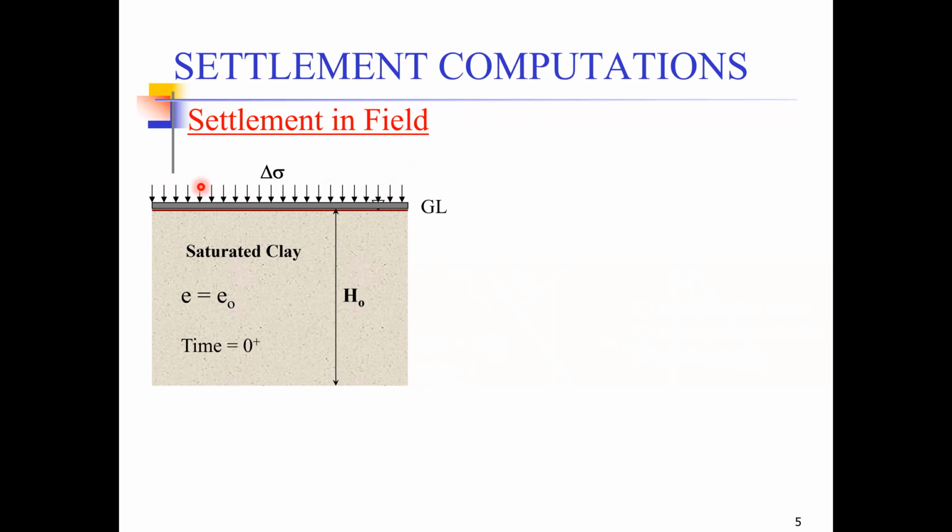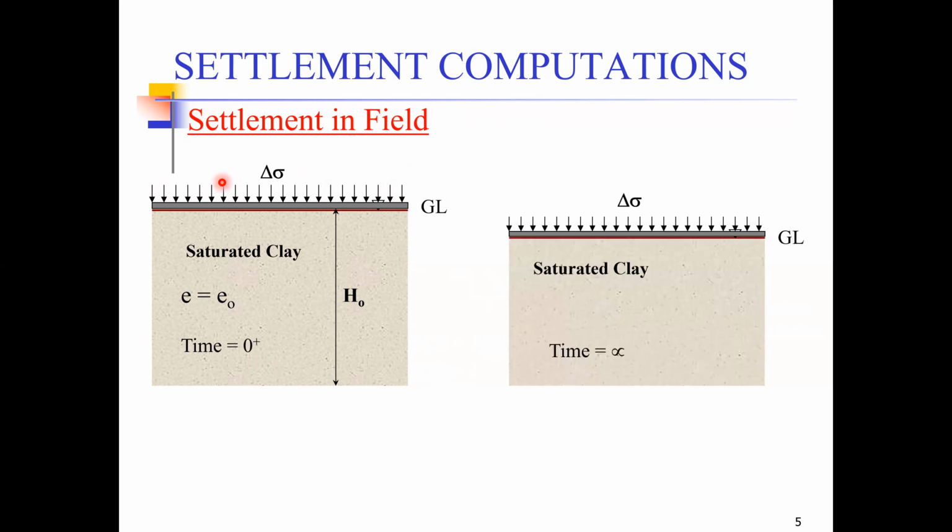Because of the application of this stress, the soil will get compressed, and there will be certain settlement in the soil. Let me represent this settlement as delta H. This is the settlement in the soil because of the application of the additional stress, that is delta sigma. What do you think? The height has changed from H naught by a small change in height. What do you think will happen to the void ratio?